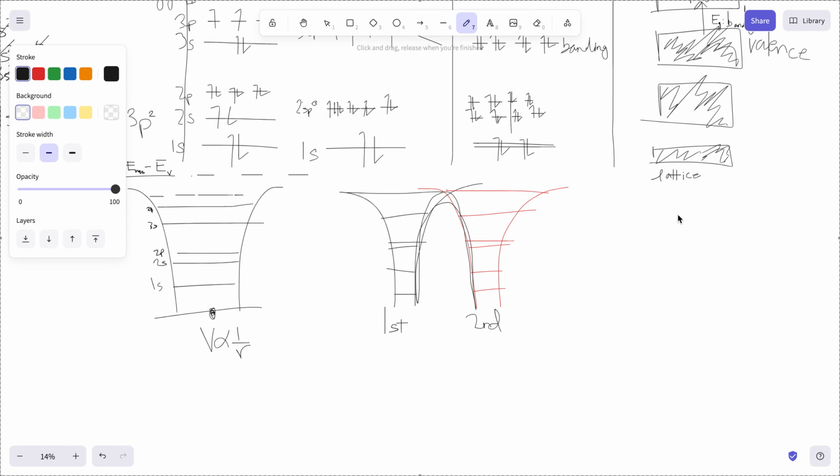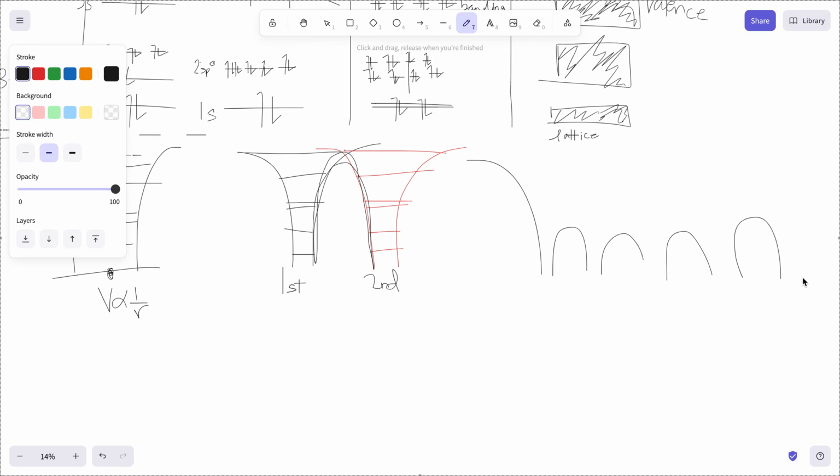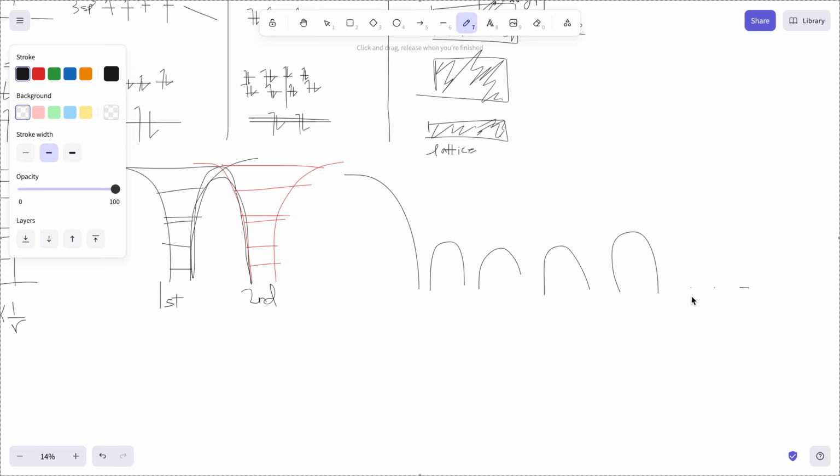And then finally, we can look at a bunch of these potential wells all together when they form a full lattice shape. And what it looks like is something like this, or you just keep going, but something like that. And there's kind of just this unanimous band that forms because they all have the same energy levels, like this.